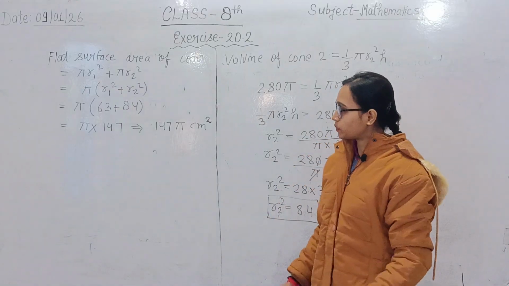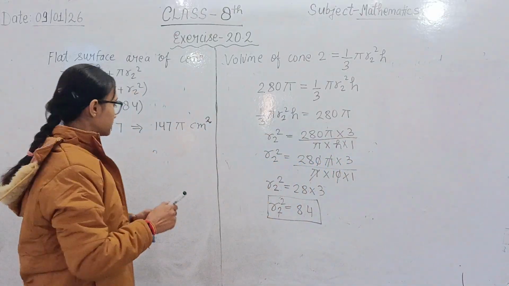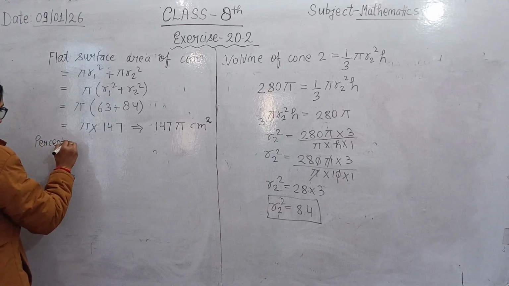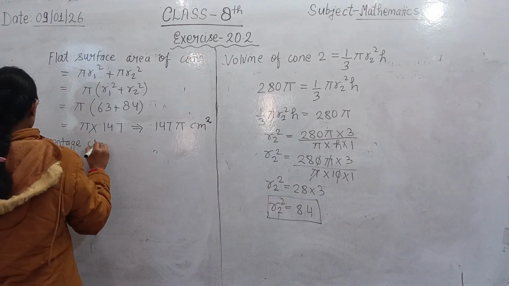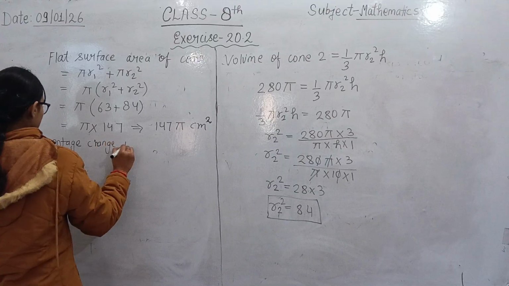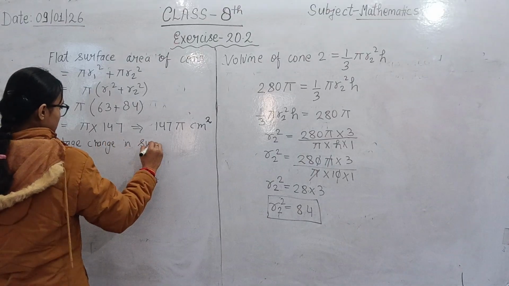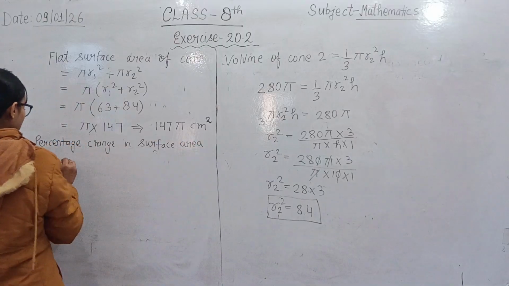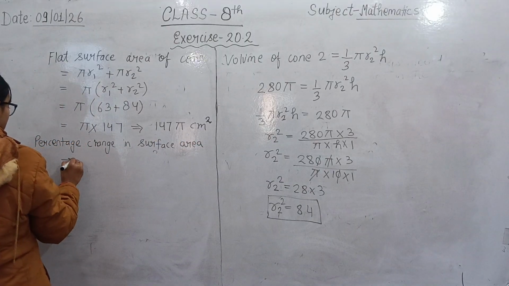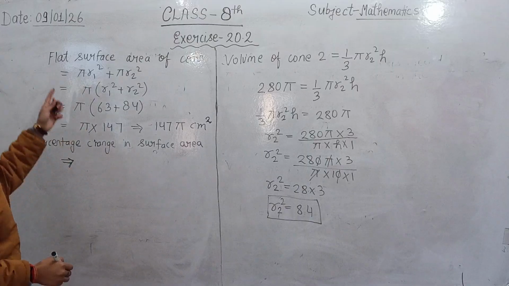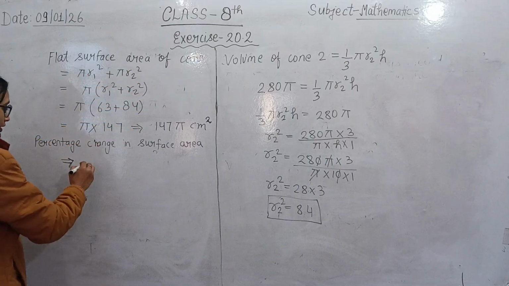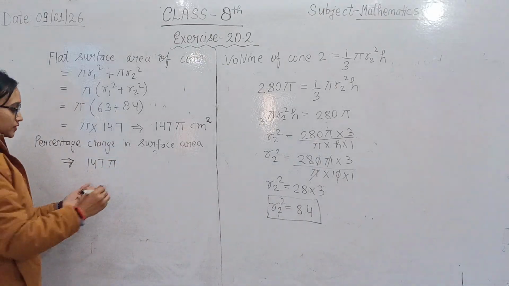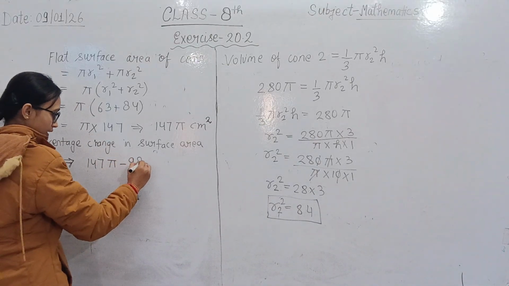Now we will calculate the percentage change. So percentage change in surface area will be equal to flat surface area of cone we have calculated 147 pi, and flat surface area of cylinder we have calculated 98 pi.